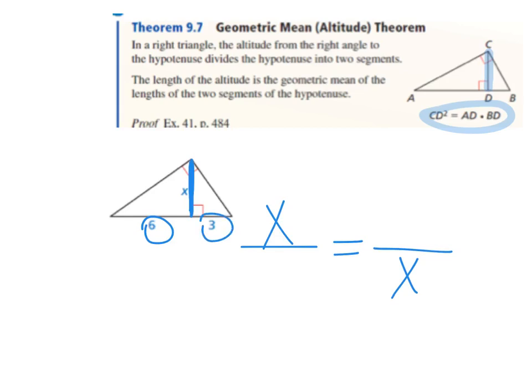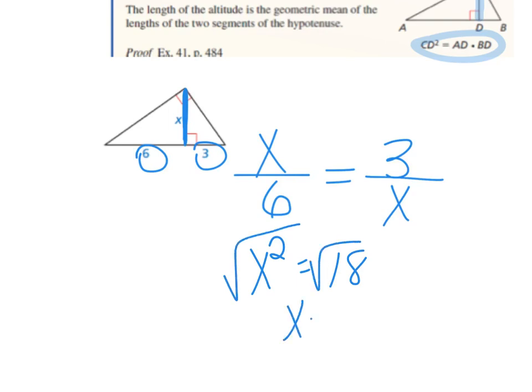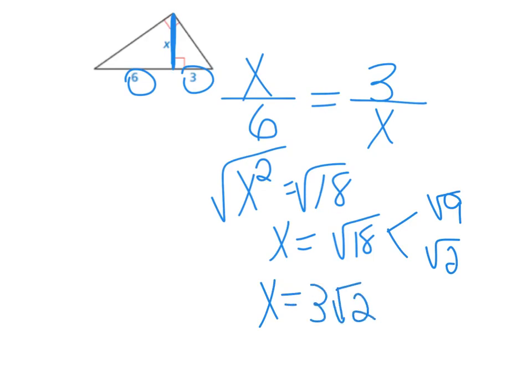So it's going to be the geometric mean of 6 and 3. So when you cross multiply, again, you get x squared equals 18. You take the square root of both sides, you get x equals the square root of 18. And of course, we always want to make sure we simplify that, the square root of 9 and the square root of 2. So in this case, x is going to be 3 times the square root of 2.